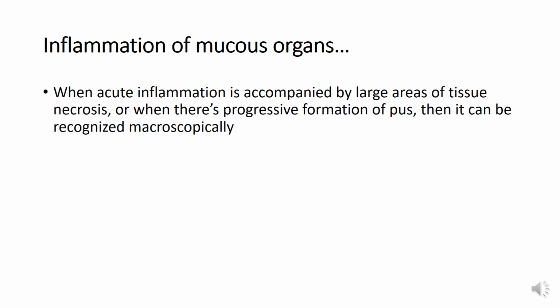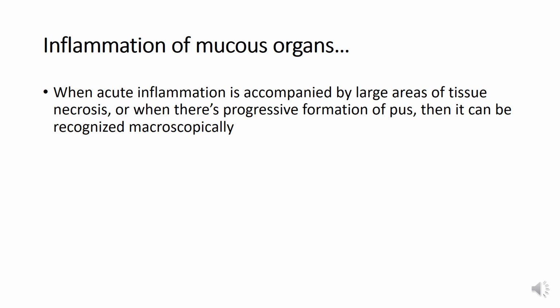However, when the acute inflammation is more severe, and it is associated with large areas of necrotic tissue, that means that many cells are being killed, then there could be formation of pus. Because remember, the macrophages, all the phagocytes that we mentioned earlier, will all come in either to kill the virus that is causing the inflammation, or to kill the bacteria that is causing the inflammation, or to try and remove the dead cells or the other tissue debris.